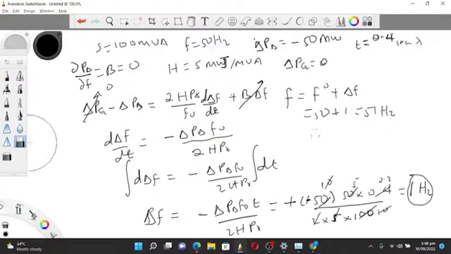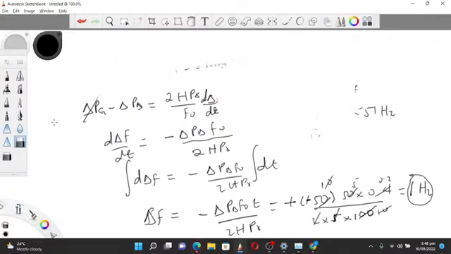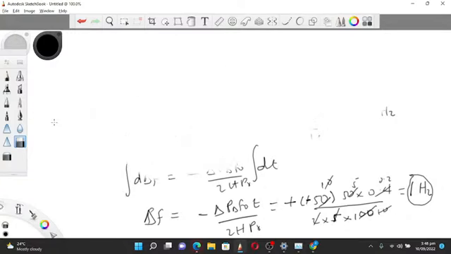So next question. Next question is a control area has no interties. The load demand increases from 5,000 megawatts to 5,200 megawatts. So the change in demand is 200 megawatts. This is a positive change.